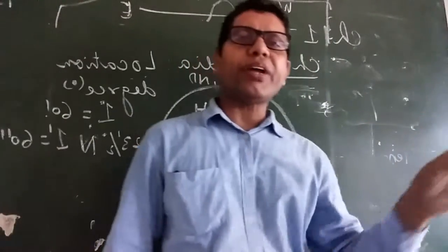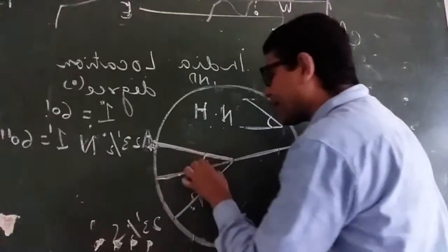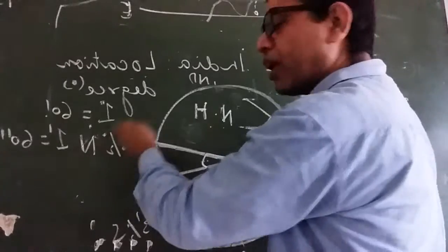We subtend an angle, and the measure of that angle, suppose 23.5 degrees, is the latitude of the place.